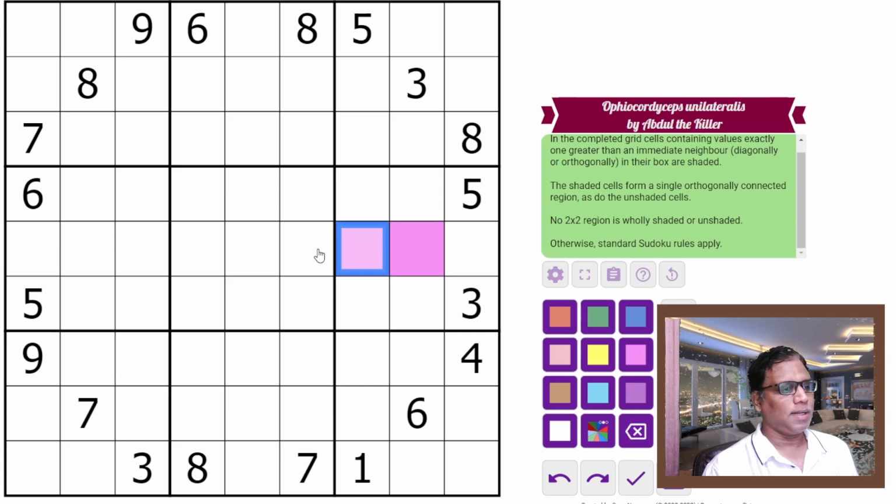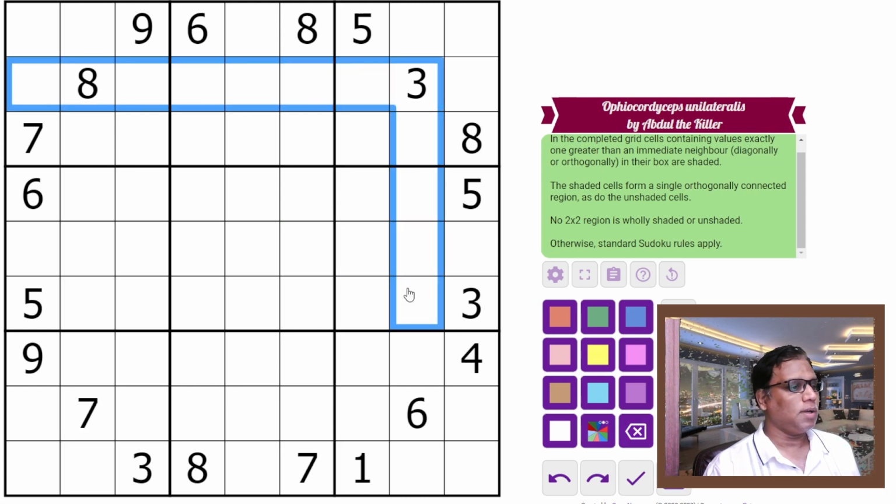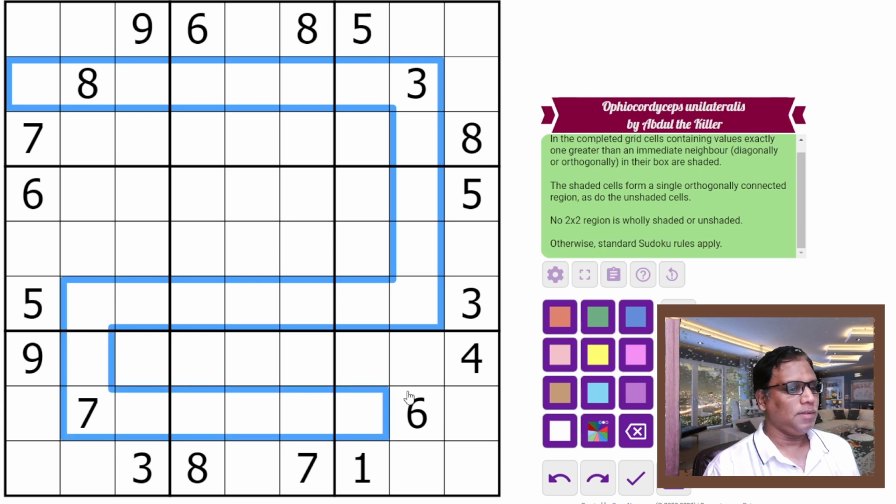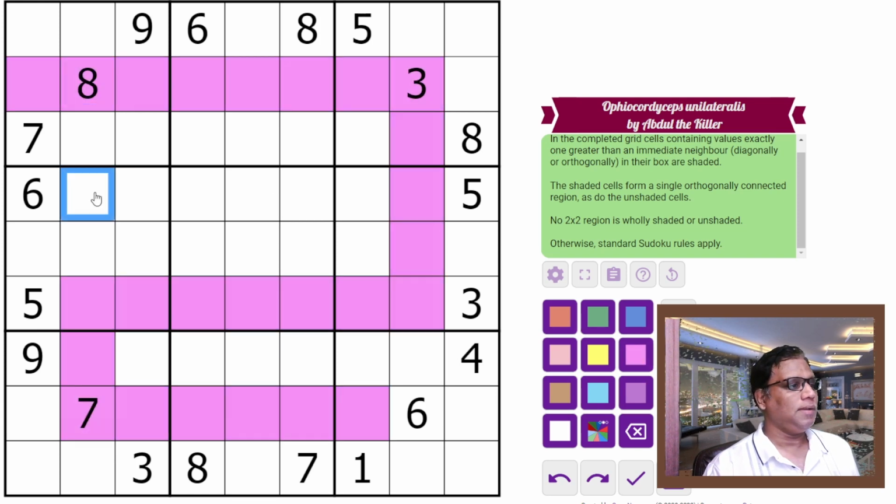This is an orthogonally connected region because it has a common edge. So the entire region must be orthogonally connected like this. You can say that this is also an orthogonally connected region because they have edge sharing between them.